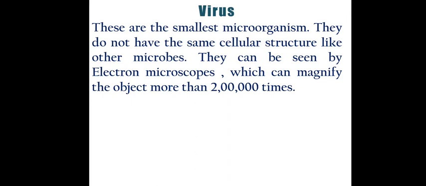Now we will move toward the next and the last category of the types of microorganisms, that is viruses. Nowadays virus is a very famous word because of COVID-19. Viruses are very small microorganisms. They are very tiny, even less than the size of bacteria.